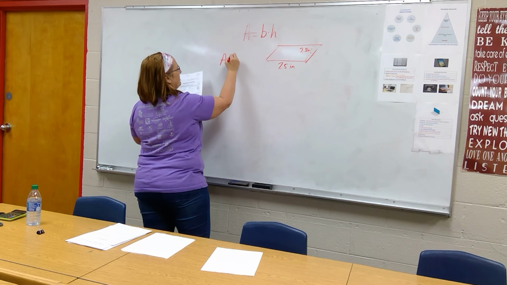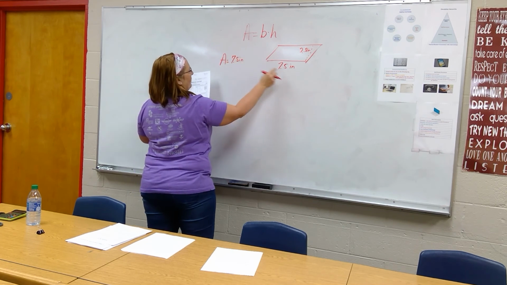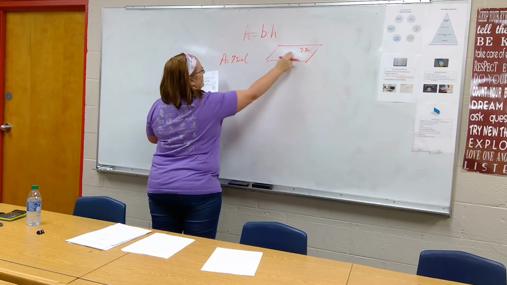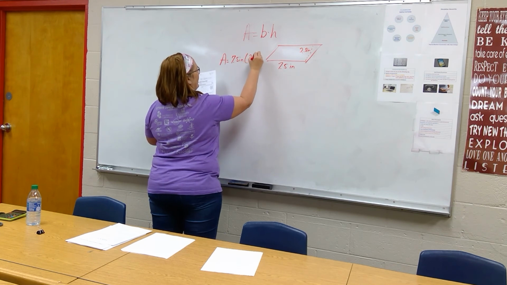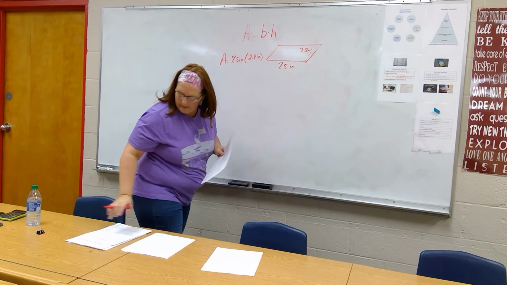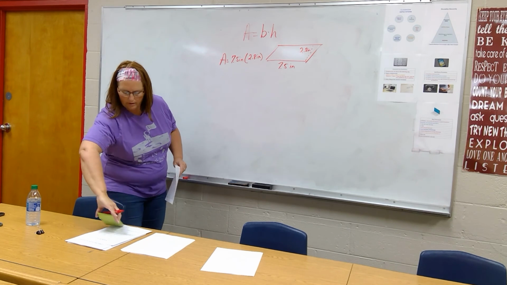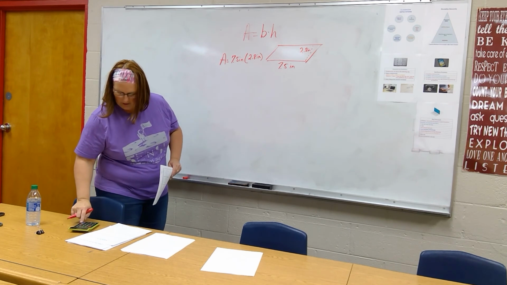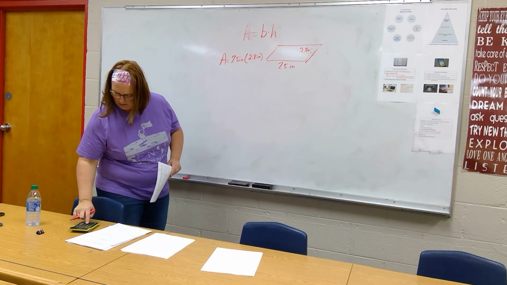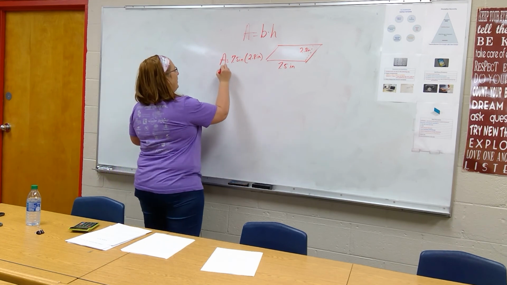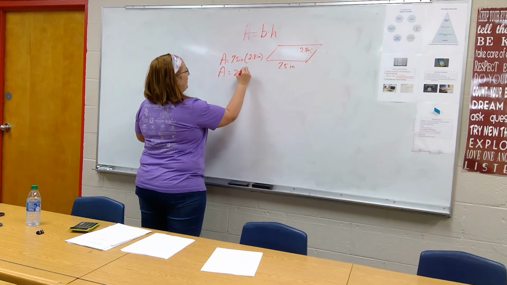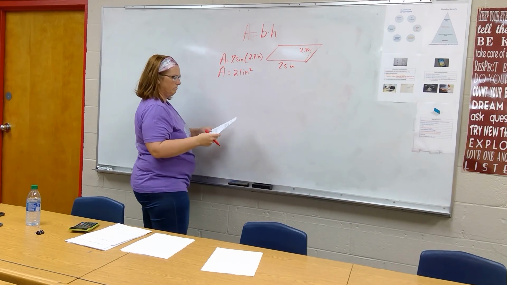Area equals base 7.5 inches times height 2.8 inches. So if I take 7.5 times 2.8, I get area equals 21 inches squared.